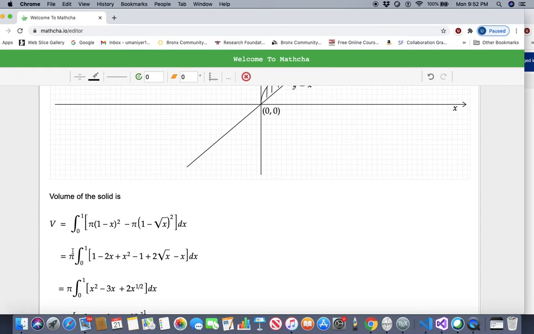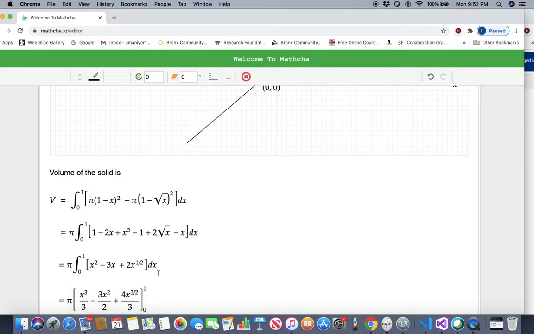Pi is a common factor, comes out. This is a complete square, 1 minus 2x plus x squared, minus, be careful with the signs, 1 minus 2 square root x, but with the minus outside it becomes plus, plus square root x squared, with the minus outside it's a negative.